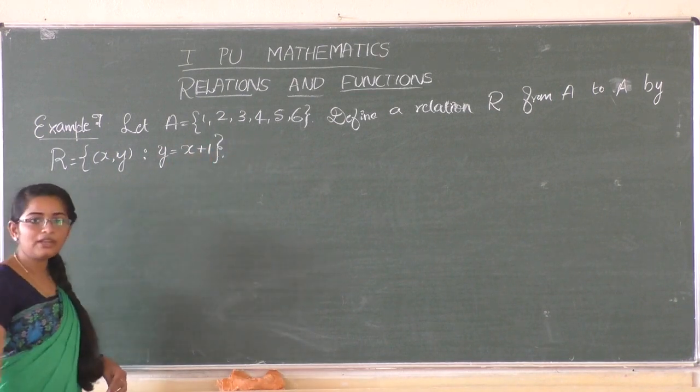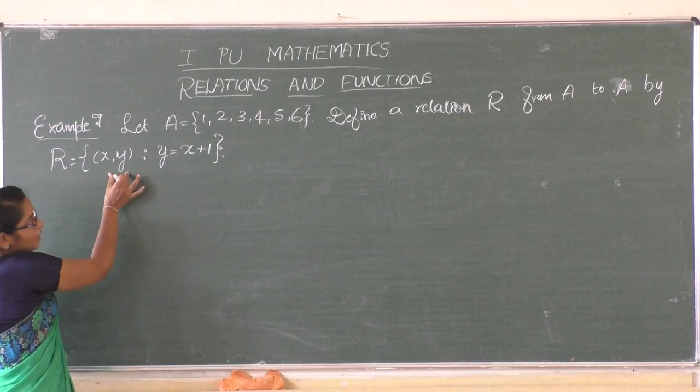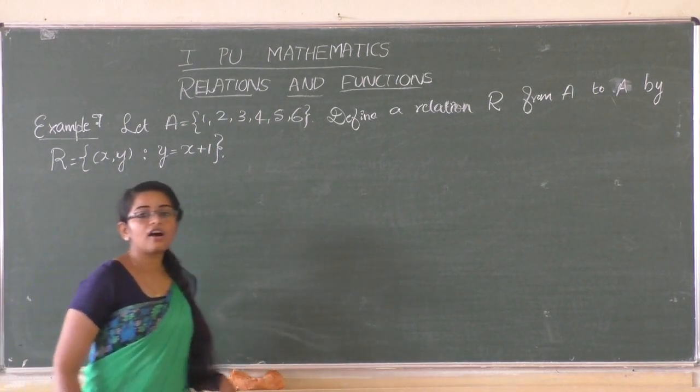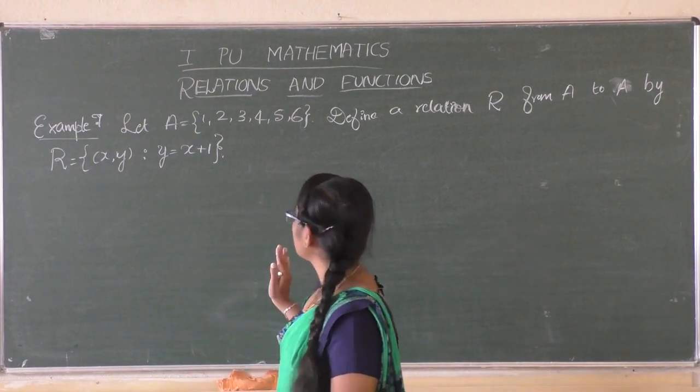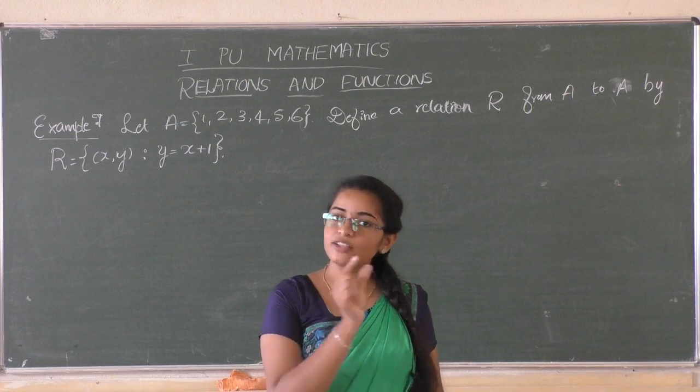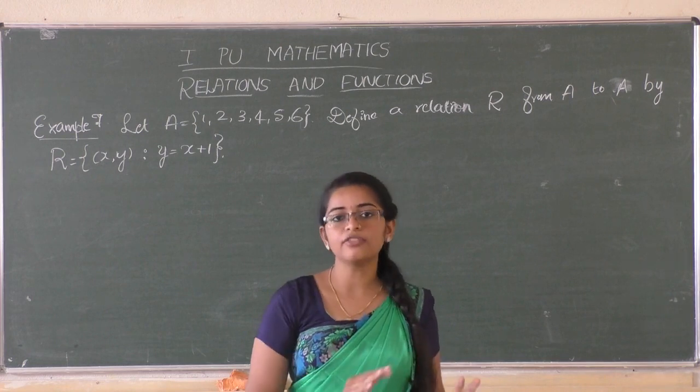What does that mean? The second element is 1 more than the first element. So the relation is defined to be the set of all ordered pairs (x, y) such that the second element is one greater than the first element.